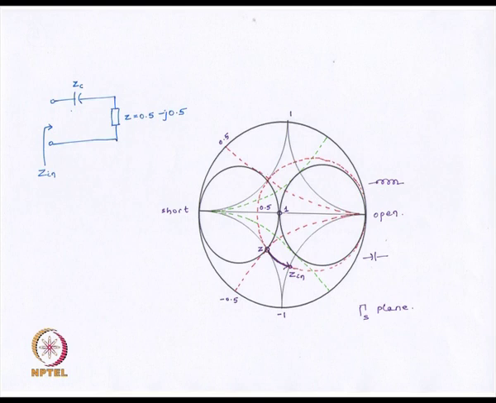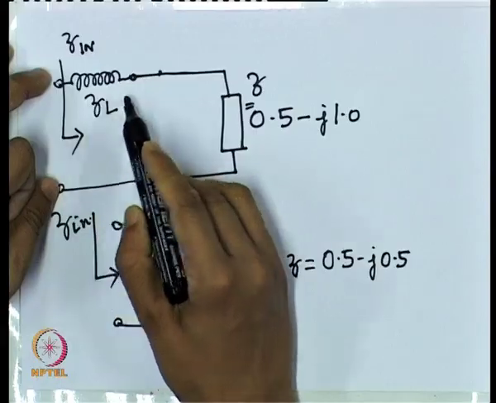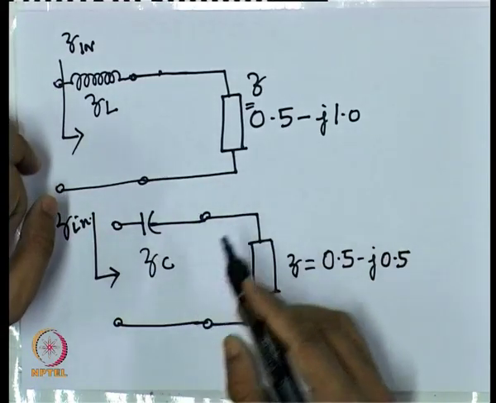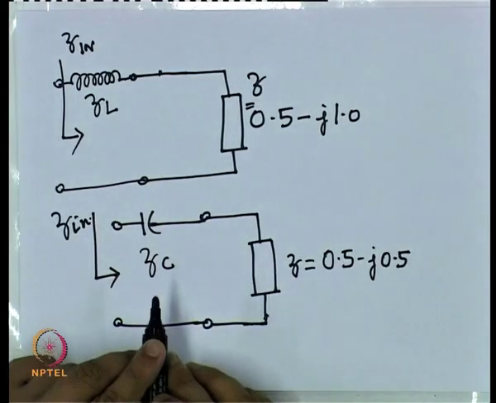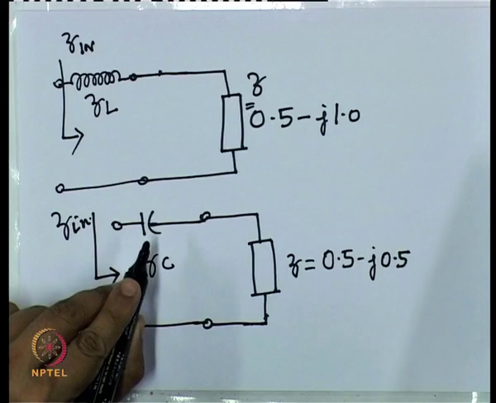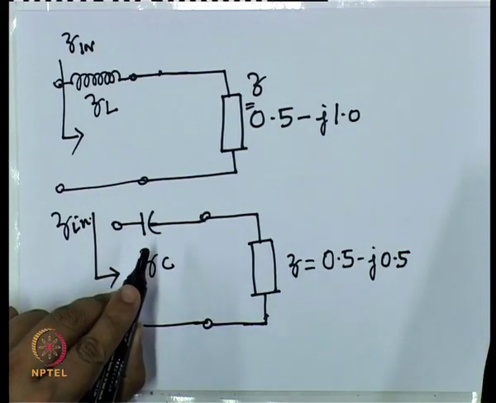So when we have an inductor in series, we move in a clockwise direction upwards, and when we have a capacitor in series, we move in an anti-clockwise direction downwards.